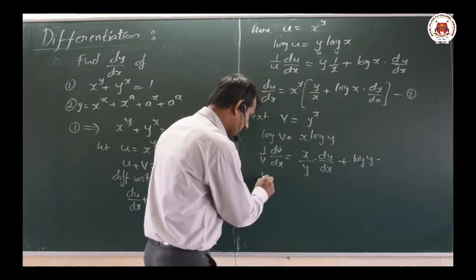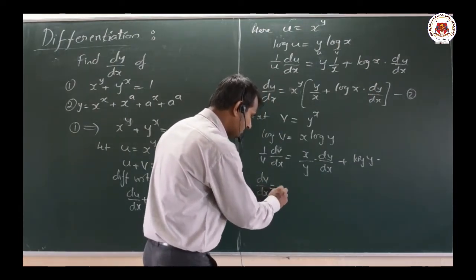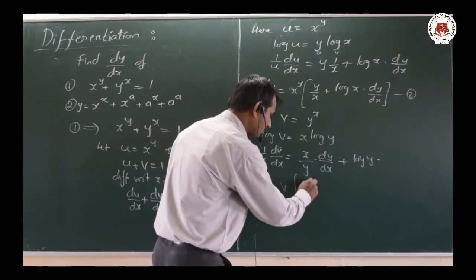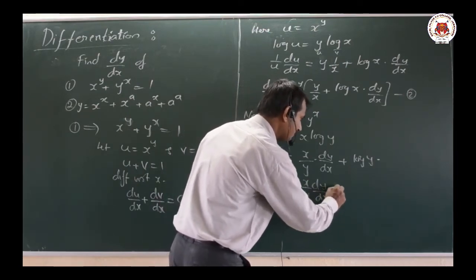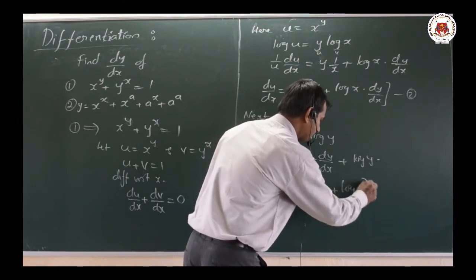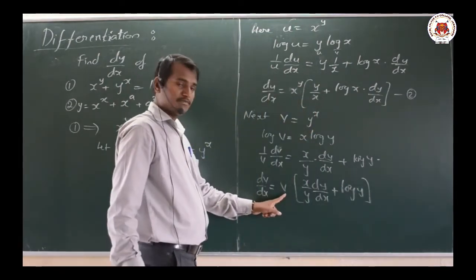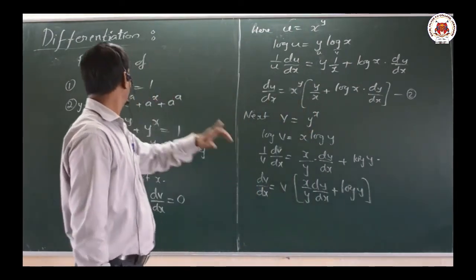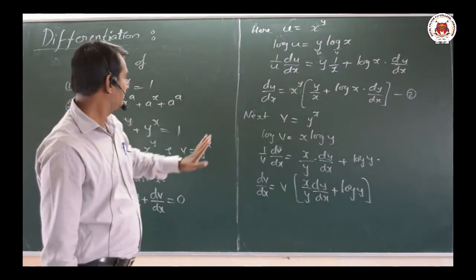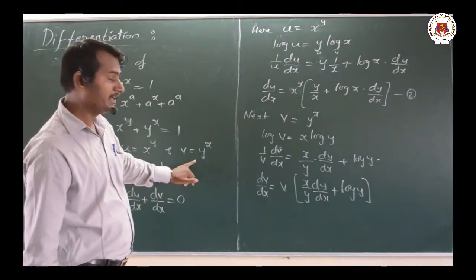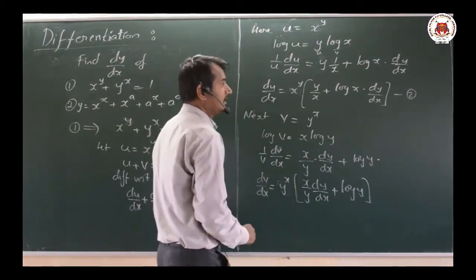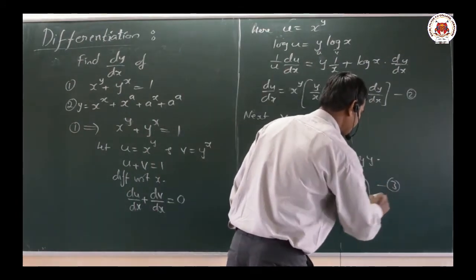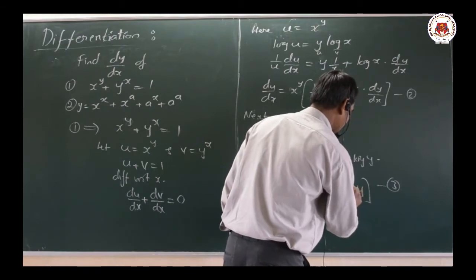That is nothing but dv by dx equal to v into x by y into dy by dx plus log y. Now v means y raised to x, that I will substitute. You can take it as equation number 3.